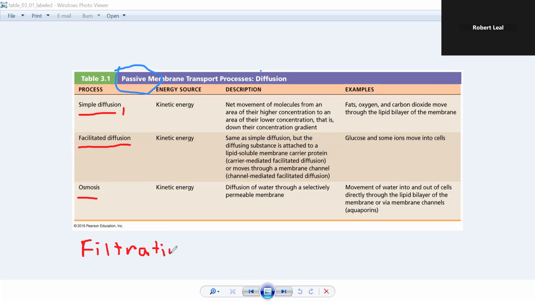Since our blood vessels, not just the cell membranes, are semi-permeable, they'll leak fluid, forming a filtrate, like interstitial fluid. Think of a balloon that has holes in it, and you squeeze the balloon, then liquid's going to leak out, right? From high to low pressure, and you're forming a filtrate. So that's called filtration. That's another type of passive transport.